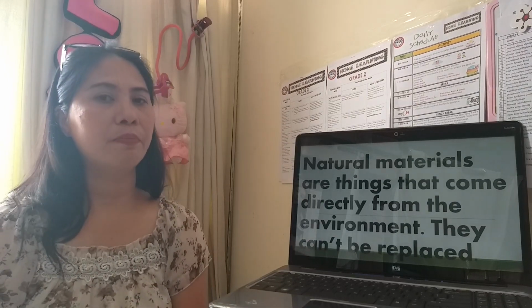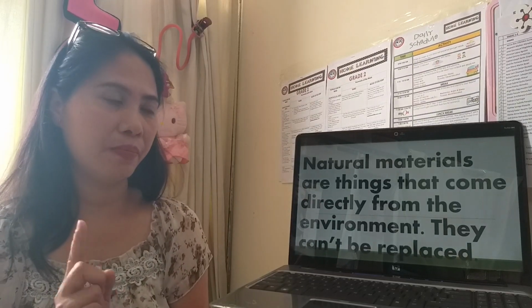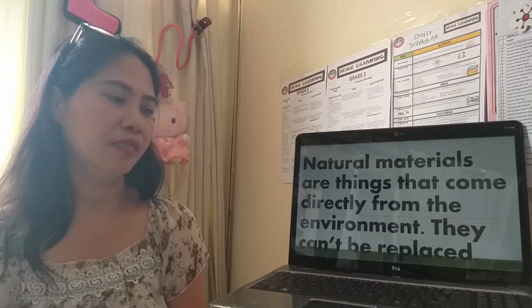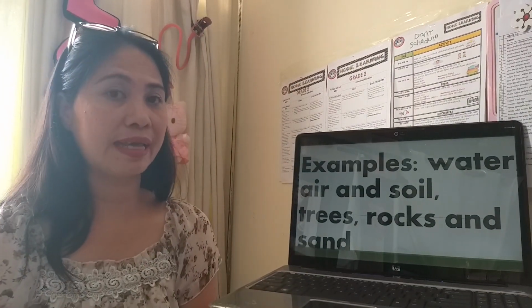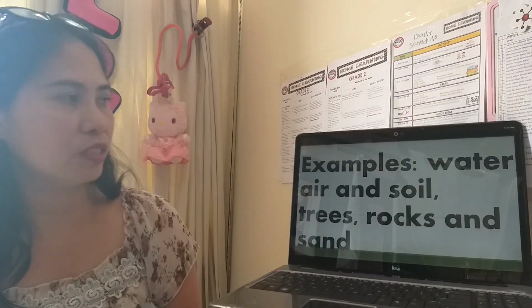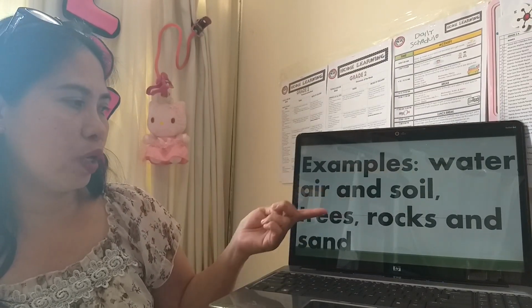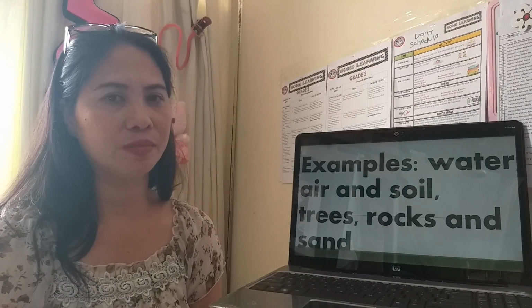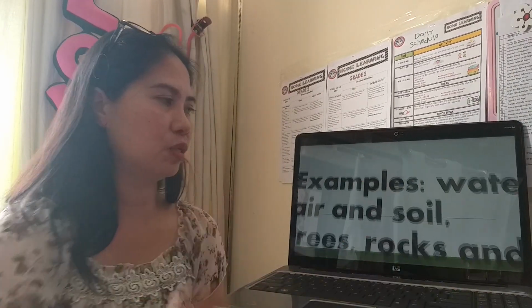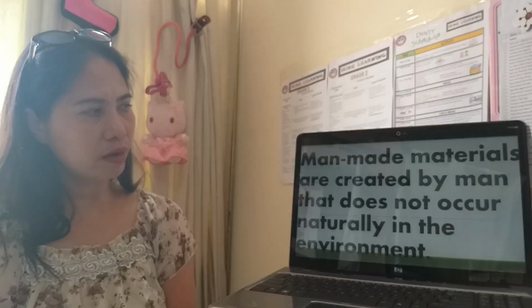But people can change natural materials into man-made materials. These are examples of natural materials: water, air, soil, trees, rocks, and sand. Next, let's go to man-made materials.